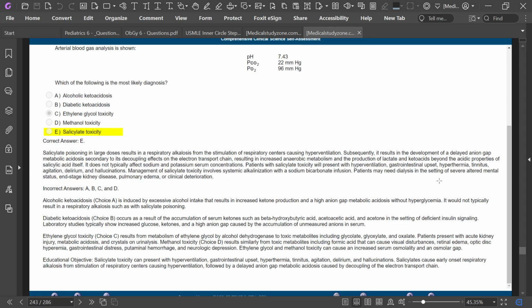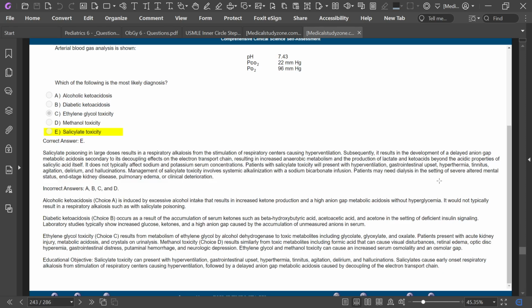Methanol toxicity similarly results in a toxic metabolite, formic acid, that can cause visual disturbance, retinal edema, optic disc hyperemia, gastrointestinal distress, putaminal hemorrhage, and neurologic depression. Ethylene glycol and methanol toxicity can cause increased serum osmolarity and an osmolar gap.